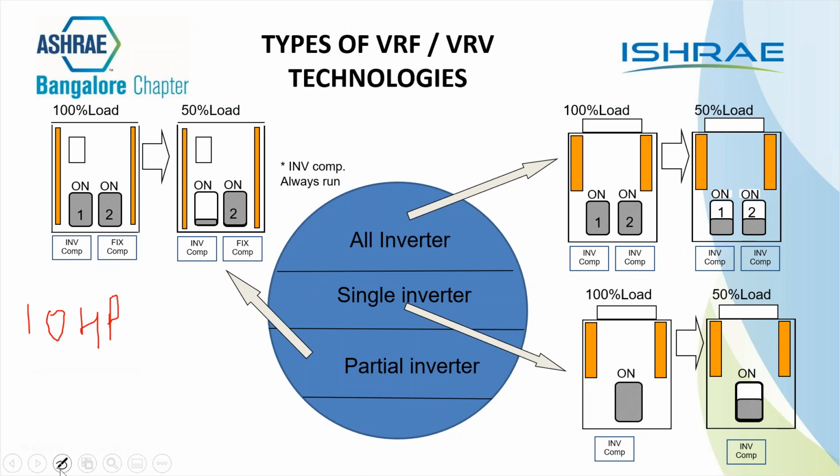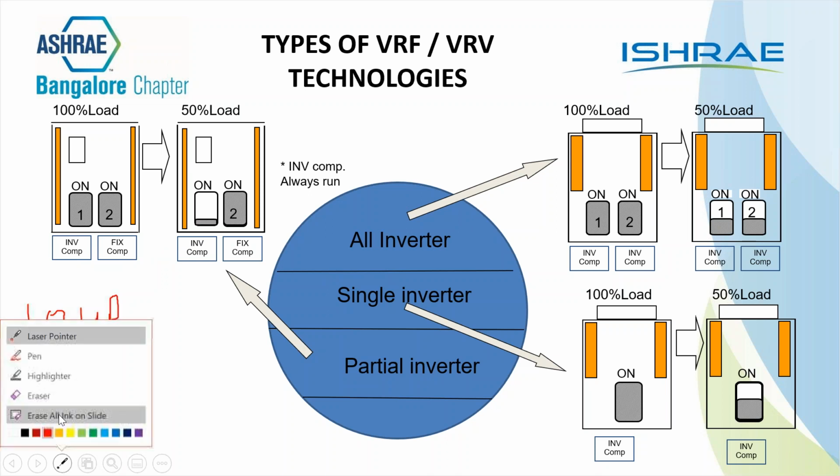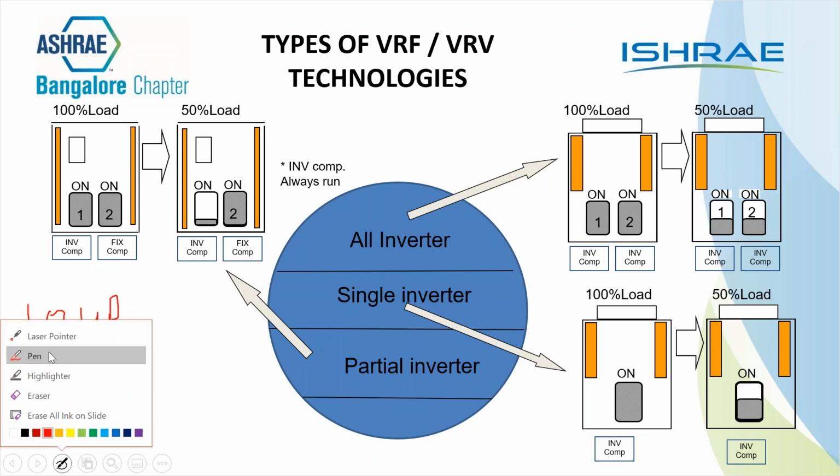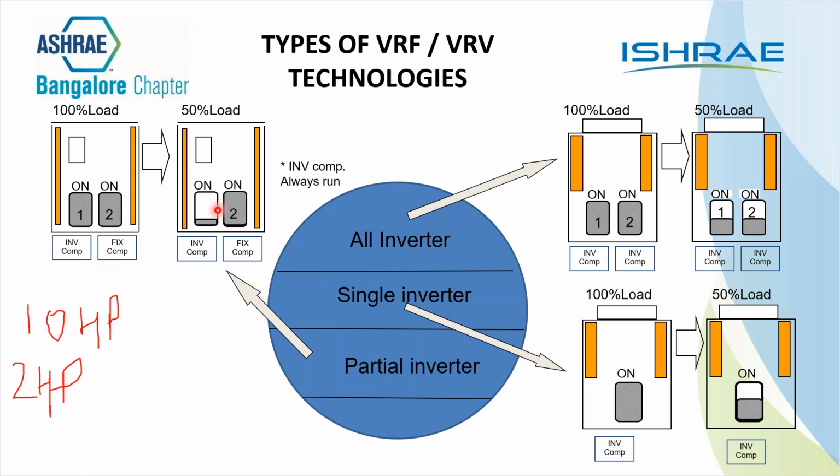Now in this 10 HP system, if you are using a partial inverter, about 20 to 30%, again varying from manufacturer to manufacturer, say 20% to 30% or 15% to 17% or 18% of 10 HP. That means, let me take 20%, you will have about 2 HP as the inverter compressor, and the balance 8 HP will be a fixed speed compressor. So this is what happens in a partial inverter.